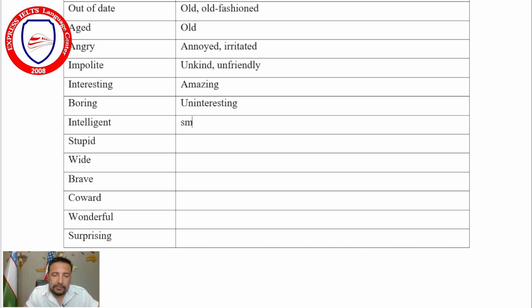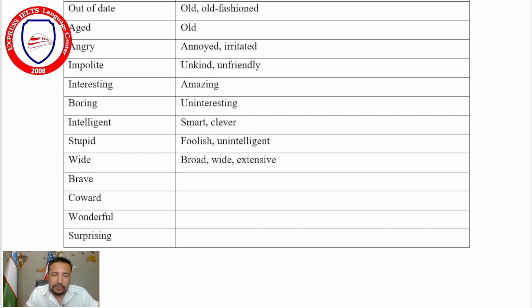And intelligent synonym is smart and clever. Stupid synonym is foolish and unintelligent. Wide synonym can be broad, wide, and extensive.